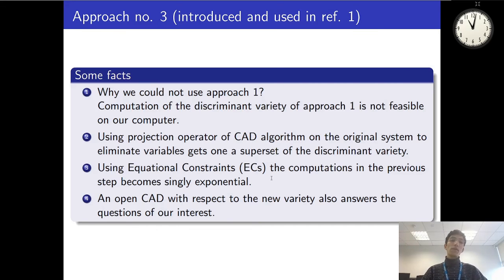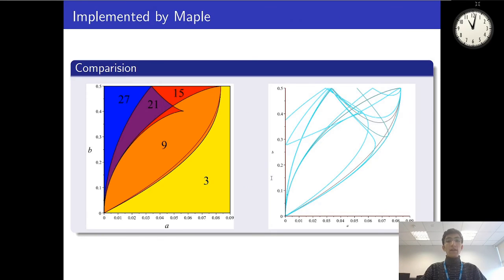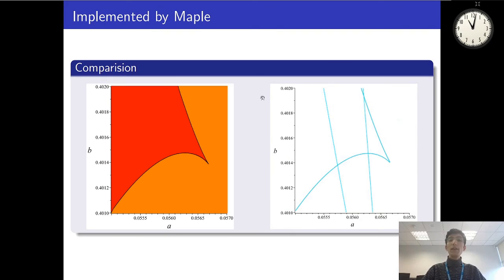And in the second step, we kept the open CAD the same. So we didn't change anything for the second stage of the algorithm. We ran the algorithm on the example that we had, this 3-patch. As you can see, we have more curves, but they contain the boundaries of the regions. And for that small region that we zoomed in on previously, you can see we got 2 more curves.